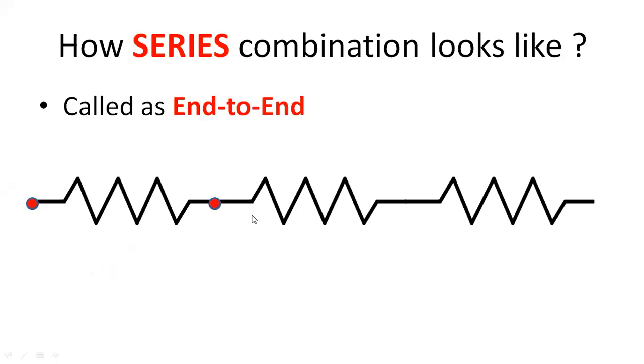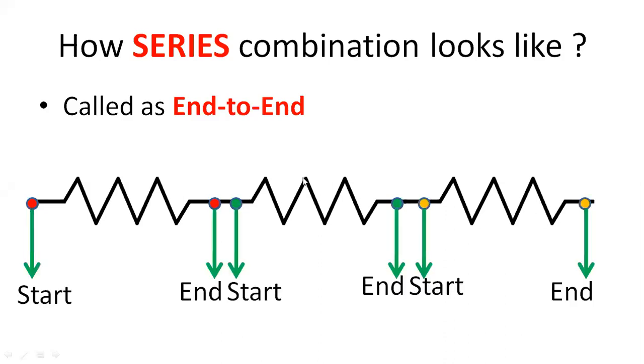Now let me identify the starting and ending points for the second resistor. These are the green circles. So these green circles mention the start and end point of the second resistor. For the third one, again I will highlight with yellow ones. So for each of these points, I have shown which is the starting point and which is the ending point.